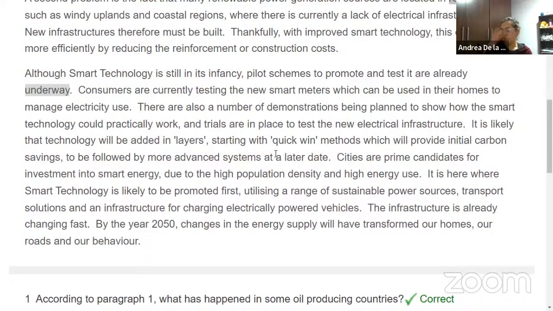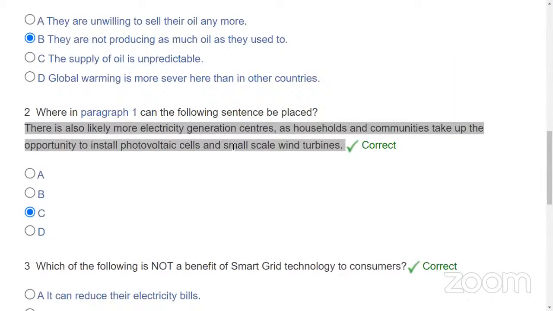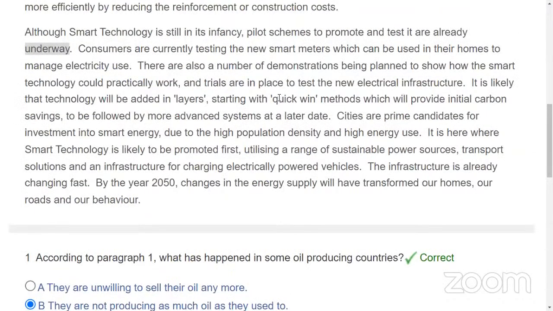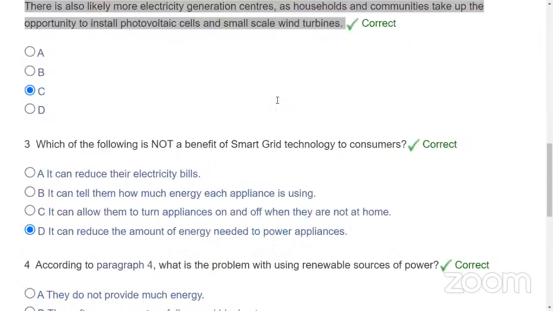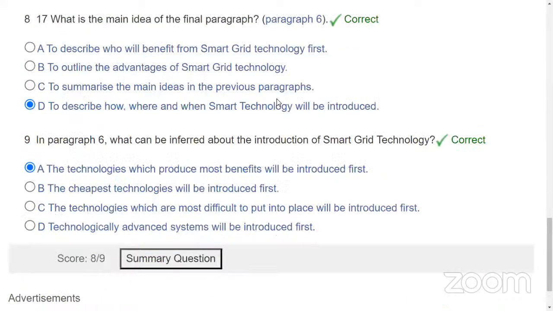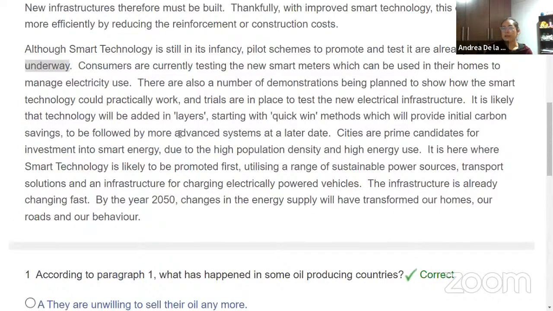So yes. But Miss, it mentioned the quick win methods and the advanced systems. Wouldn't the advanced systems provide more benefits between them? Well, not necessarily. The more advanced systems are probably going to be the hardest ones to implement.